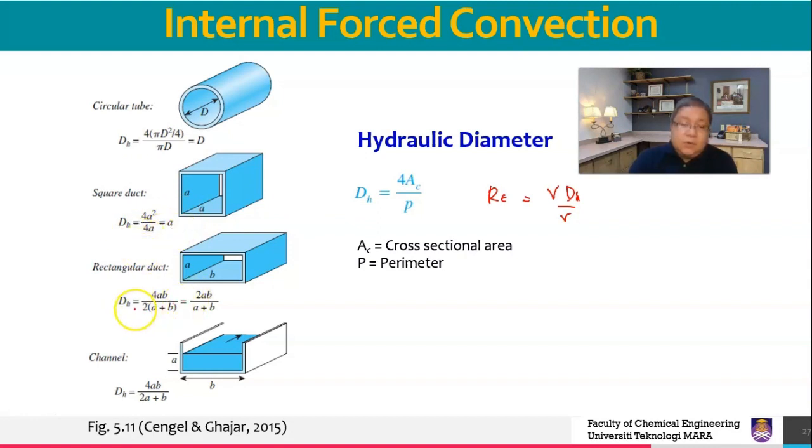For a rectangular duct it is this formula, and for a channel without the upper surface, like an open drain, the formula is 4AB over 2A plus B. P is the perimeter, so you don't have to determine this one.